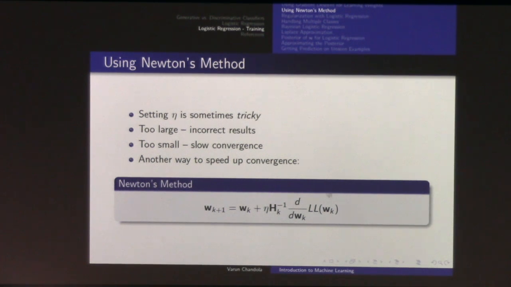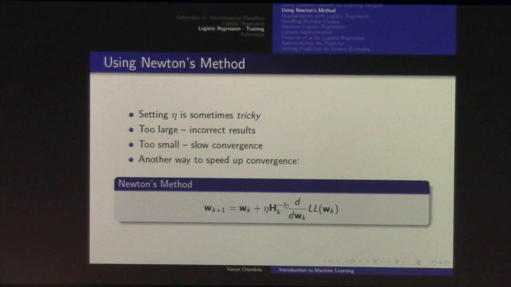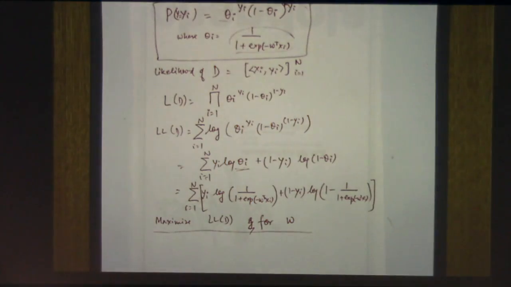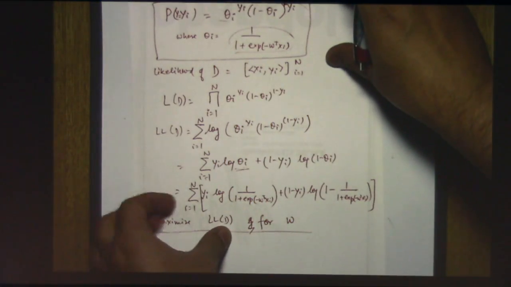You go in the direction of your gradient, but you use something called the Hessian, which is the second order derivative of your log likelihood, and move in that direction, all right? And that helps you move in the right direction. So these are called second order optimization methods. So gradient descent is what we call a first order optimization, in which you're only computing the gradient, right?